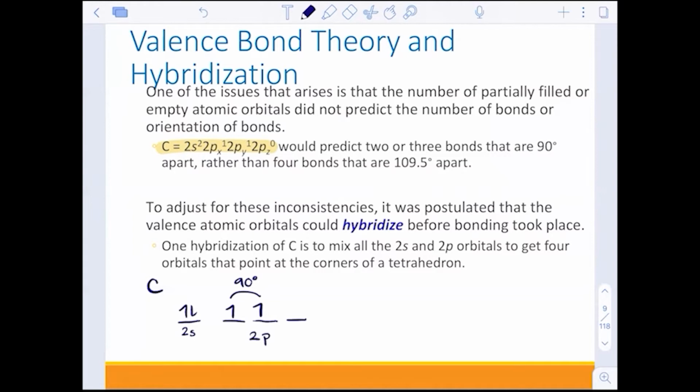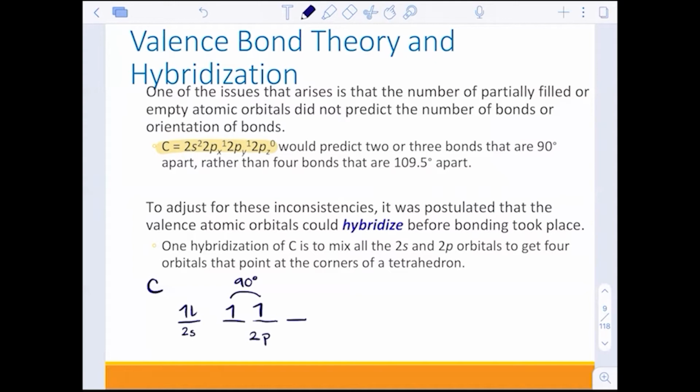Now, because of the inconsistencies when we started viewing atoms and seeing the shapes that were occurring, VSEPR theory was born. But then scientists were really baffled by the inconsistencies. And so it was postulated that valence atomic orbitals could hybridize before bonding took place.